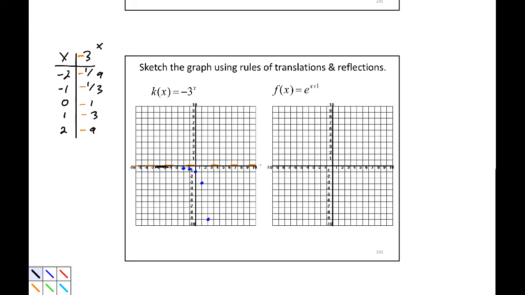I'll go ahead and connect these in a smooth curve, and there is our graph.